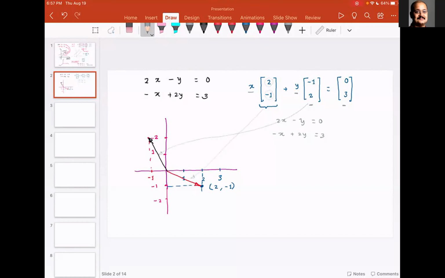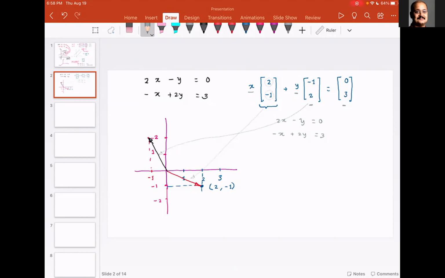Here is where some of the magic happens. I'm going to draw the last vector (0, 3) in such a way that the linear combination, this vector plus this vector, somehow gives me the final answer, (0, 3).